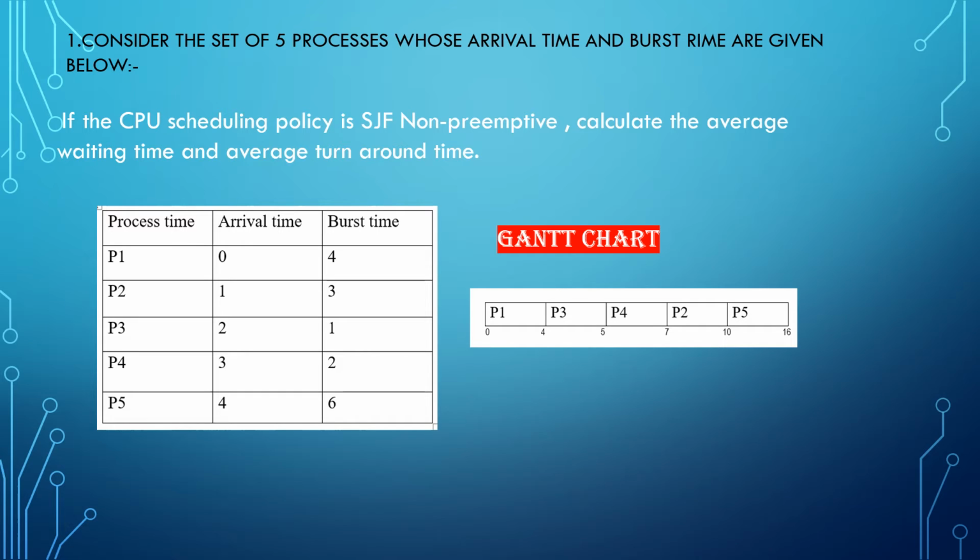Next, after P4, we'll allocate process P2 because its burst time is next greater than P4's. We'll add 3 to 7, so we get 10. Next, we'll allocate process P5, which is last, and we'll add 6 to 10 and get 16. So we have seen how to make the Gantt chart. Now let us go and calculate the average waiting time and average turnaround time.